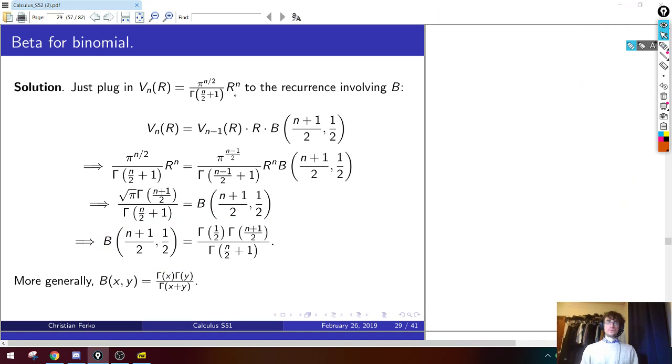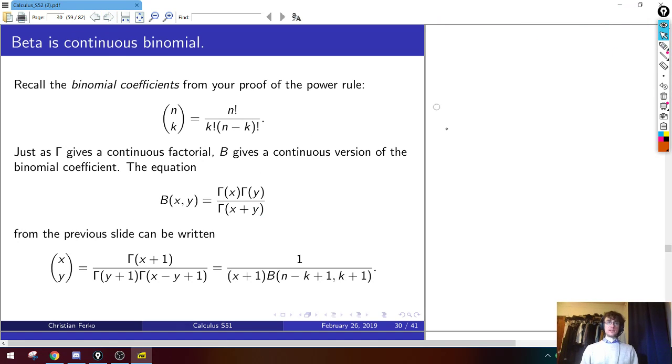Cool. Okay, so let me explain that side comment. As we said, from the proof of the power rule that you did before, we had these binomial coefficients, which tell you the number of ways of choosing k objects from a collection of n objects where they're indistinguishable. As I was just trying to explain, the beta function is a continuous version of the binomial coefficient, except with some rearranging. I'll show you the rearranging now. This is the equation that we showed a moment ago by using the sphere slicing argument.